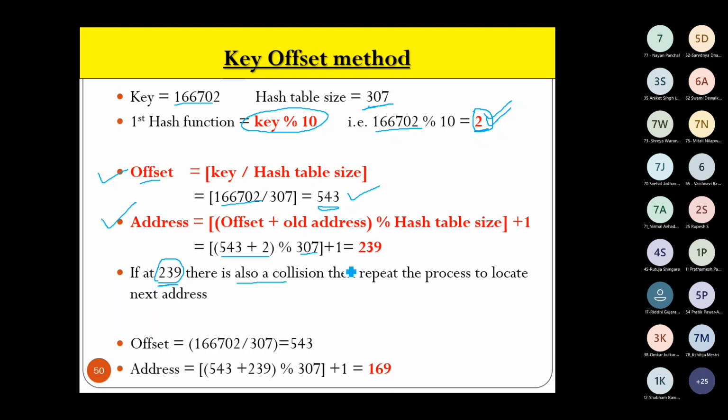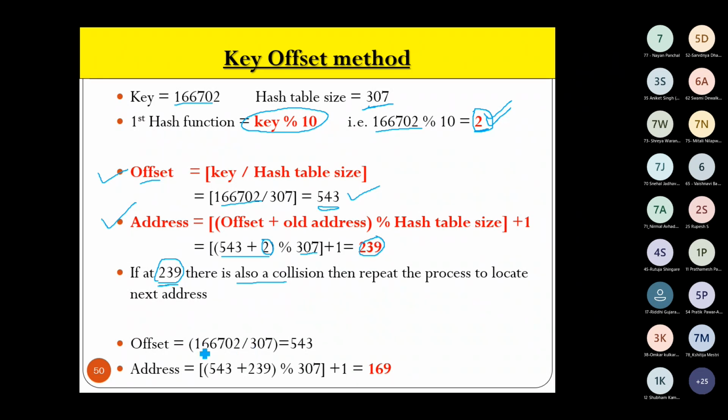So what to do? Apply the same technique. Repeat the process. While repeating this process, the previous old address will not be 2. Old address will be this address in the next step. Old address will not be 2, it will be 239.